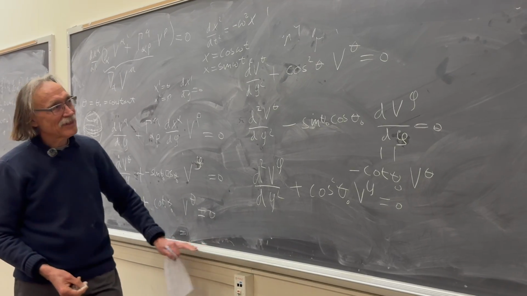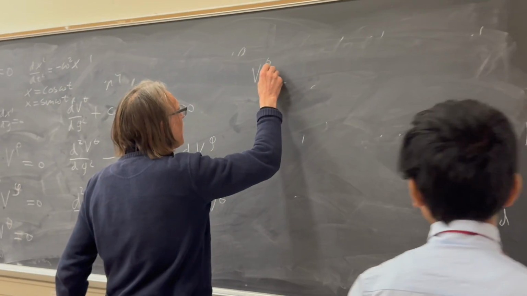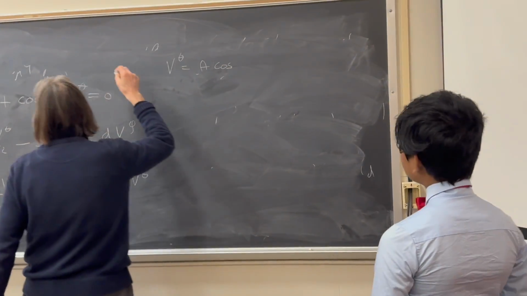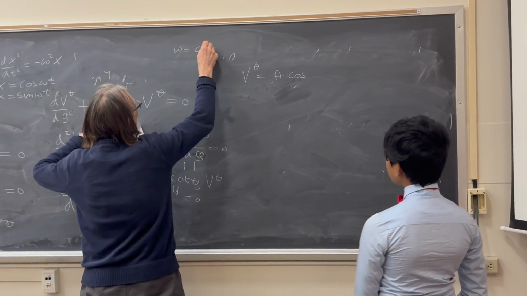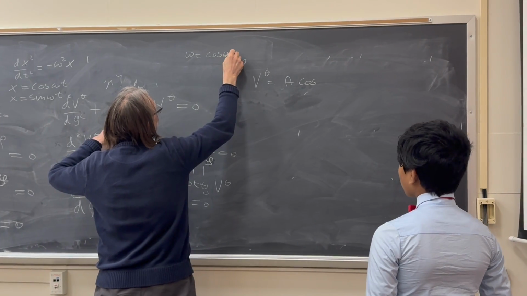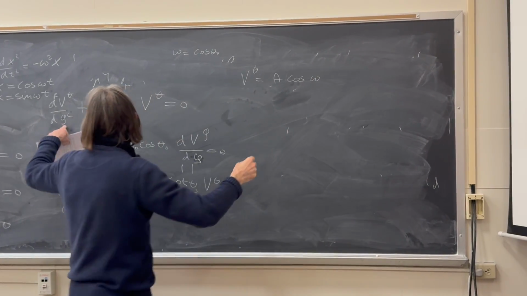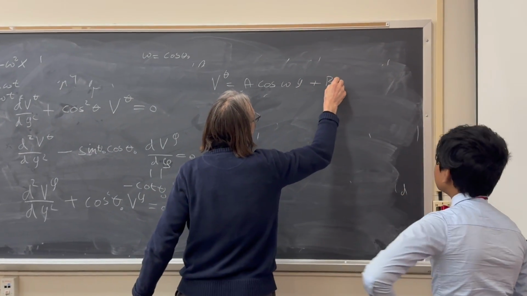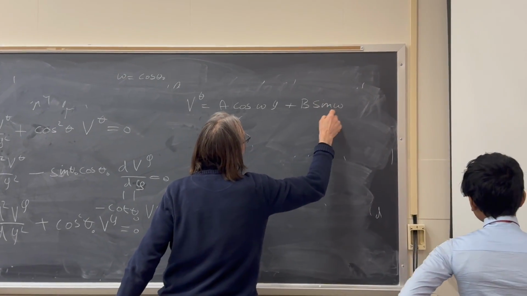And the solution is v theta times a times cosine. And in this case, omega is equal to the cosine of theta 0.